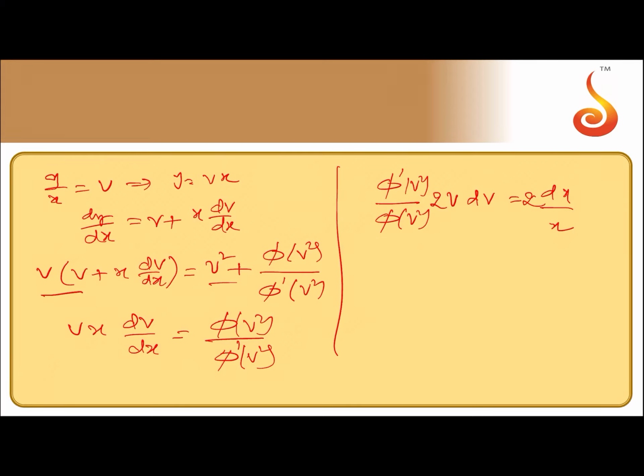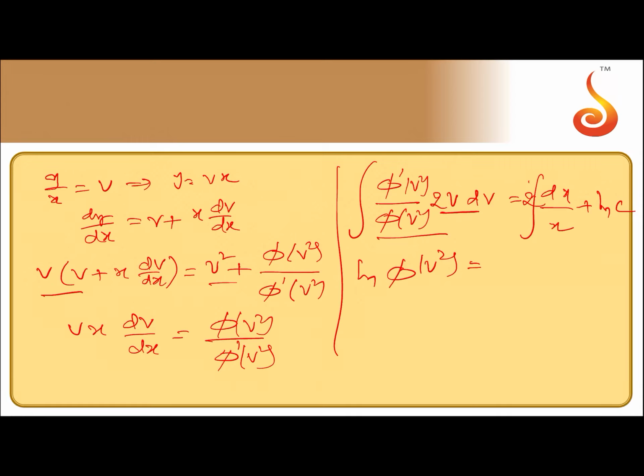You can rewrite now, integrating on both sides. Integral, plus log c as the constant. You can rewrite this as f dash by f into dv, which is a differential of dv, and therefore logarithm of phi of v square.